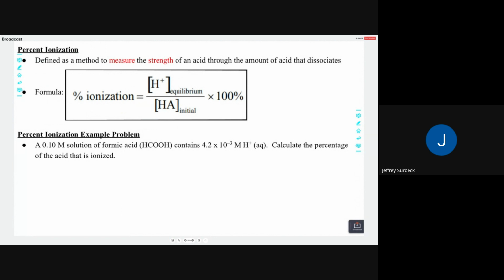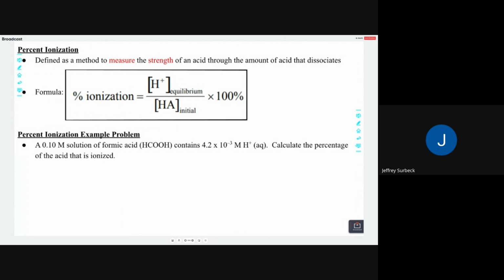I said this yesterday verbally, but I have not expanded upon this, okay? Weak acids, or weak bases for that matter, dissociate less than 5% in general. Not everybody does, but in general, only 5% or less break apart from that original acid or base and become ionized.